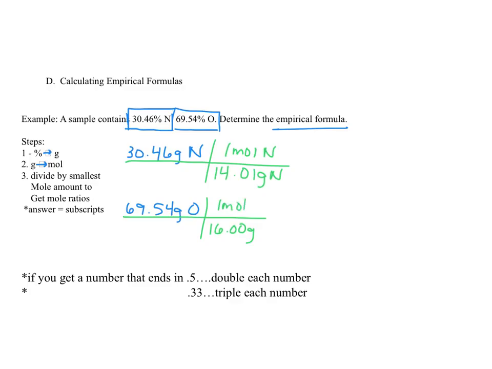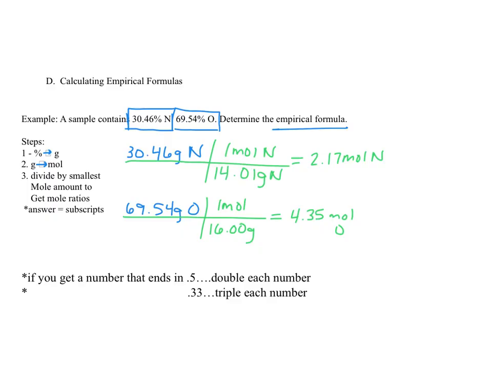This is going to give me my number of moles of each one of those things. So I have 2.17 moles of nitrogen, and I have 4.35 moles of oxygen. Okay, that's step number 2.